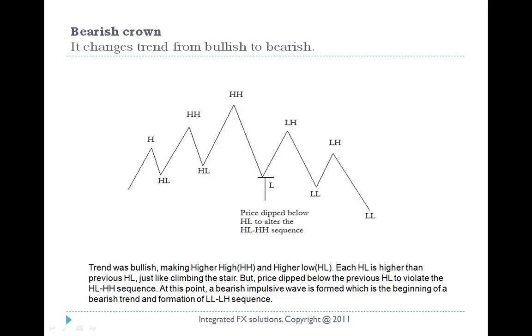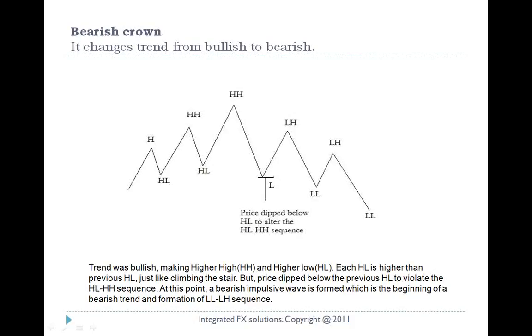A bearish crown. A bearish crown changes the trend from bullish to bearish. Let's look at the structure as well. A bearish crown is a trend changer from bullish to bearish.